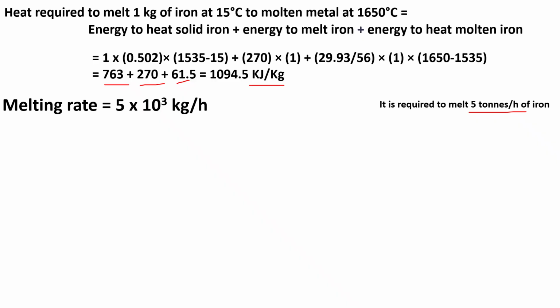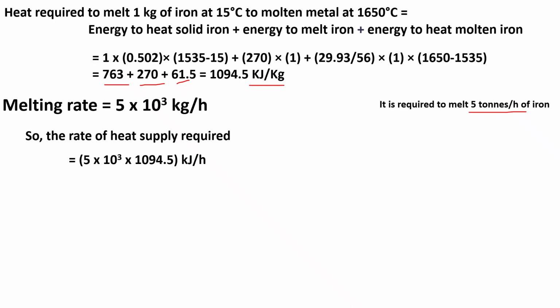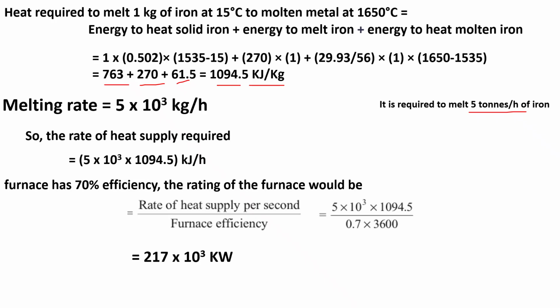The melting rate is 5 into 1000 kg per hour. So the rate of heat supply required is 5000 into 1094.5.